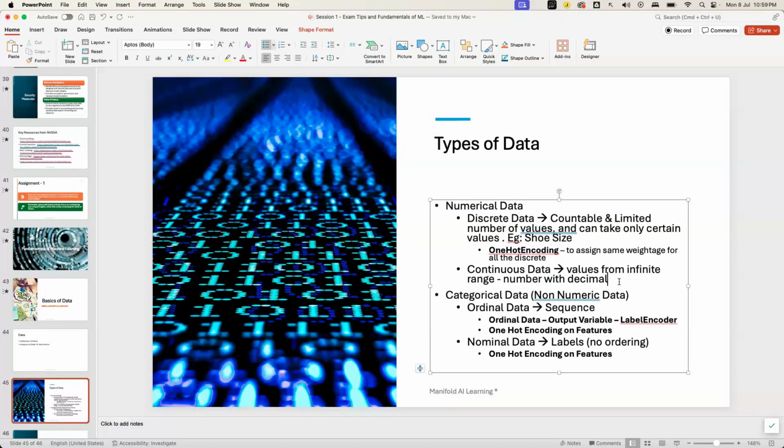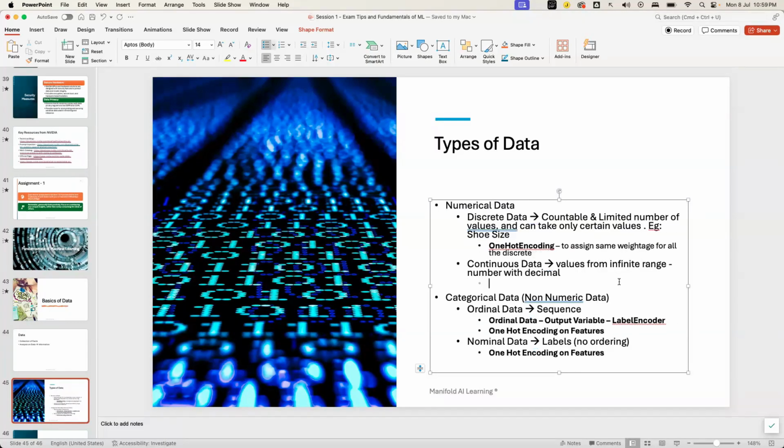And when we are dealing with continuous data, we make use of two types of data transformers. One is called standard scaler, and the other is called min-max scaler. These are the two types of data pre-processing that we'll use to modify the data set.